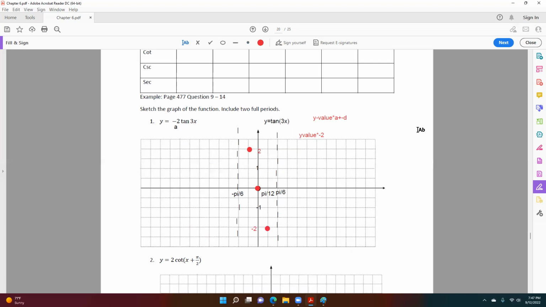So now you will get a tangent graph, but the tangent graph that you see here is going to be the opposite of. I'm going to draw it out. I'm not going to do that here because it's going to be icky too. I'm going to draw it on here so that you can see it.